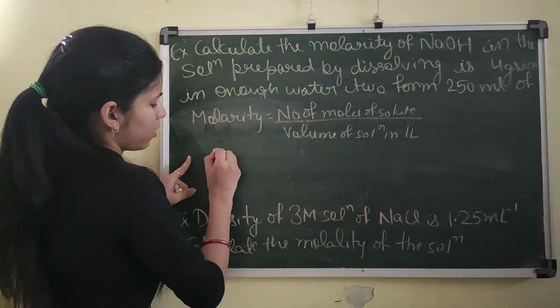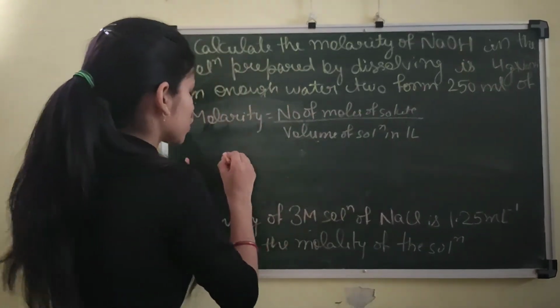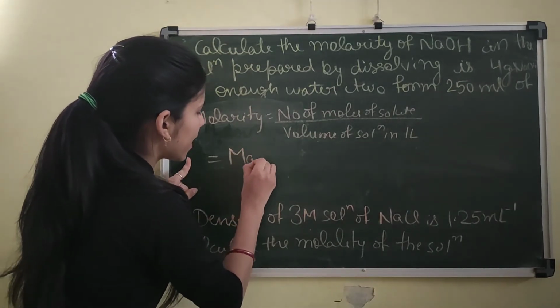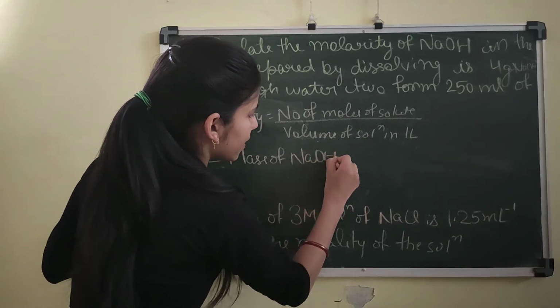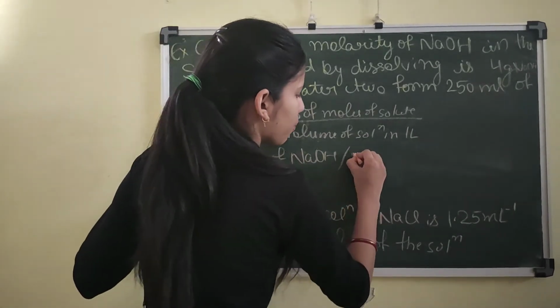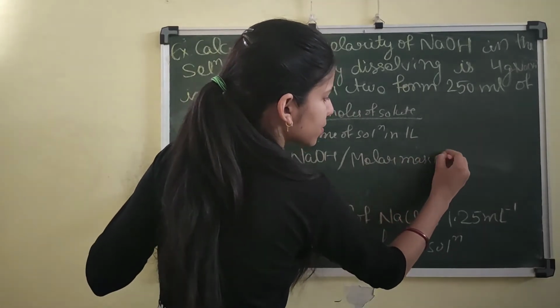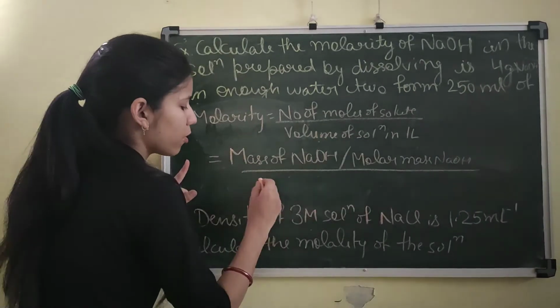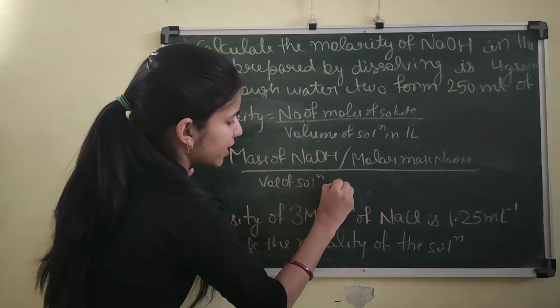So the number of moles of solute for NaOH is equal to the mass of NaOH divided by the molar mass of NaOH, and it is divided by the volume of solution in 1 liter.